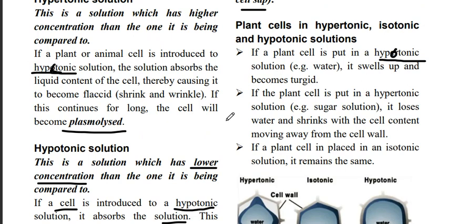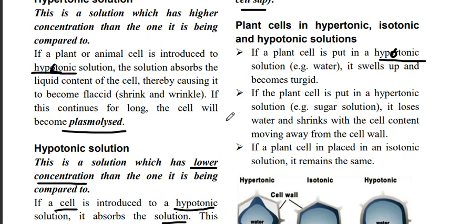Number 2, if a plant cell is put into a hypertonic solution, example sugar solution, it loses water and shrinks, with the cell content moving away from the cell wall. We always say that the hypertonic one has a lot of solute, so water molecules are always trying to move towards it.